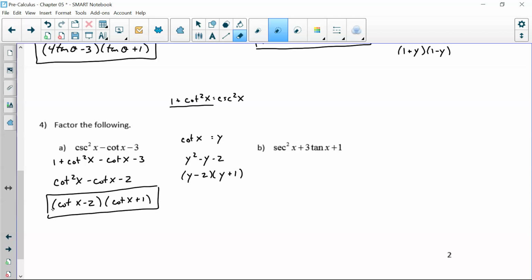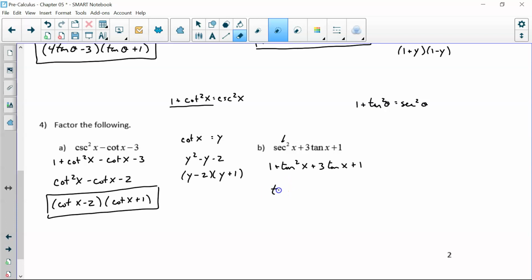Another problem for B. Once again, I have a secant squared and a tangent. I want to get them all to be tangent. I'm going to rewrite the secant squared. We have that Pythagorean identity, 1 plus tangent squared theta equals secant squared theta, or x, it doesn't matter. So instead of writing secant squared, I can put 1 plus tangent squared x plus 3 tangent of x plus 1.